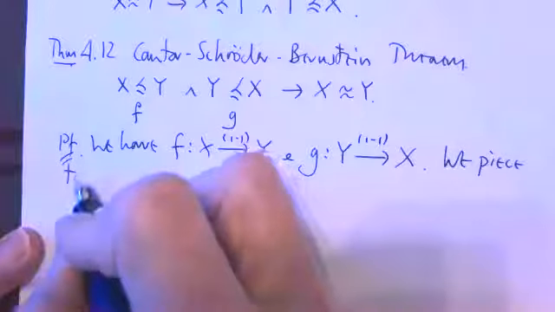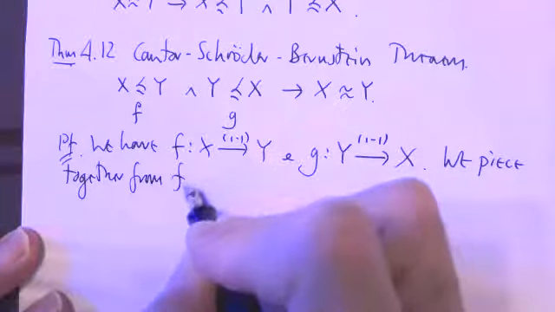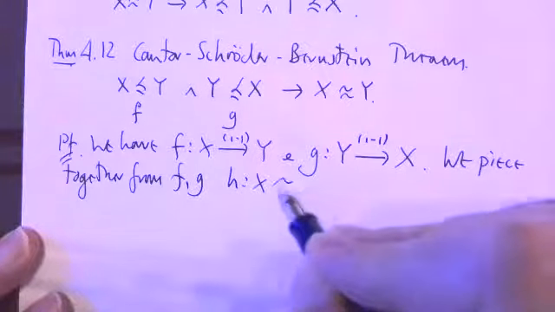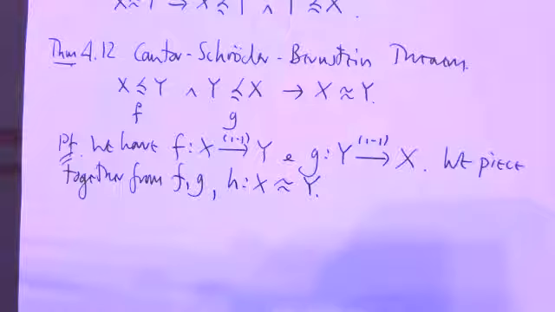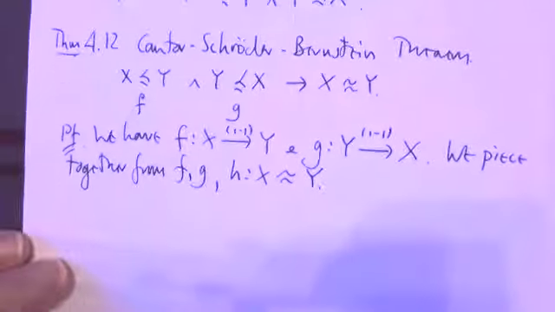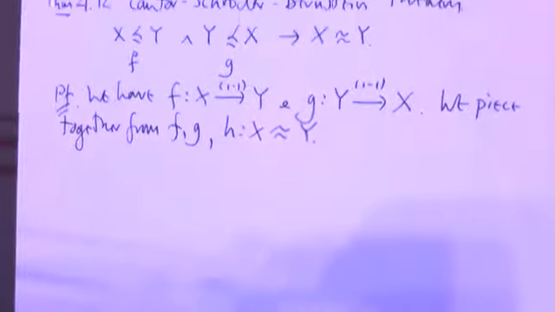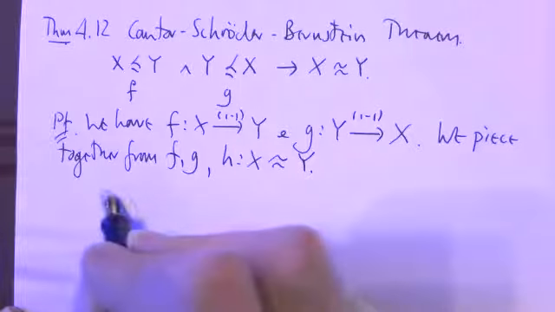So we piece together from f and g an h, which is going to be a bijection between x and y. So it's something like we zigzag backwards and forwards, rather like as if we had mirrors.